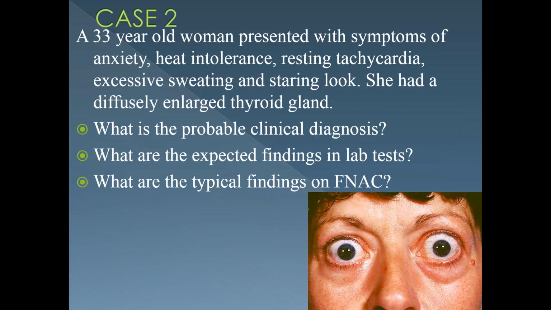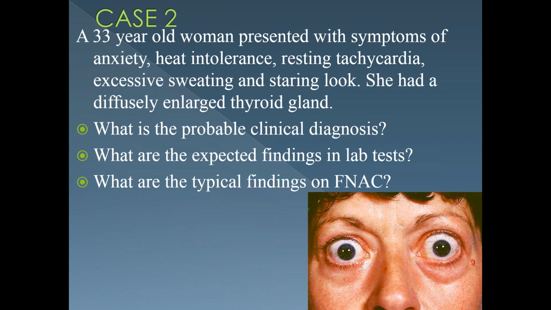Next, coming to case 2, a 33-year-old woman presenting with symptoms of anxiety, heat intolerance, resting tachycardia, excessive sweating, and staring look. She had a diffusely enlarged thyroid gland. So the questions to be discussed would be: what is the probable clinical diagnosis? What are the expected findings in the lab tests?